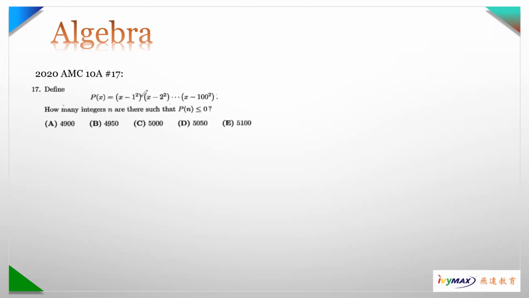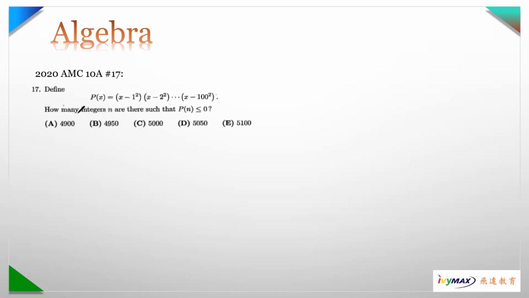So we actually know where the roots are. They have 100 roots, and each root is a perfect square: 1 squared, 2 squared, 3 squared, all the way to 100 squared. So we have 100 roots, and this is the 100 degree polynomial.